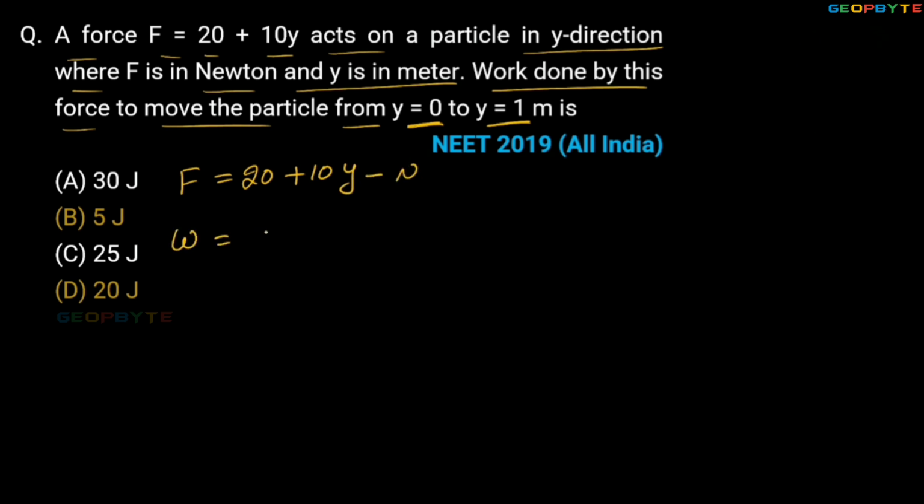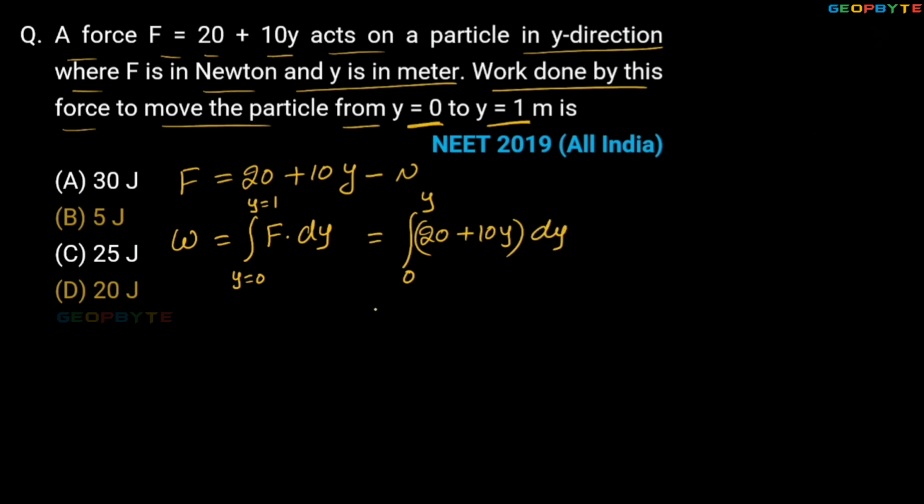Work done is the dot product of force and displacement in that direction. Therefore, total work equal to integral from y equal to 0 to y equal to 1 of F dot dy. Now it can be written as integral 0 to 1, F value equal to what? 20 plus 10y dy.